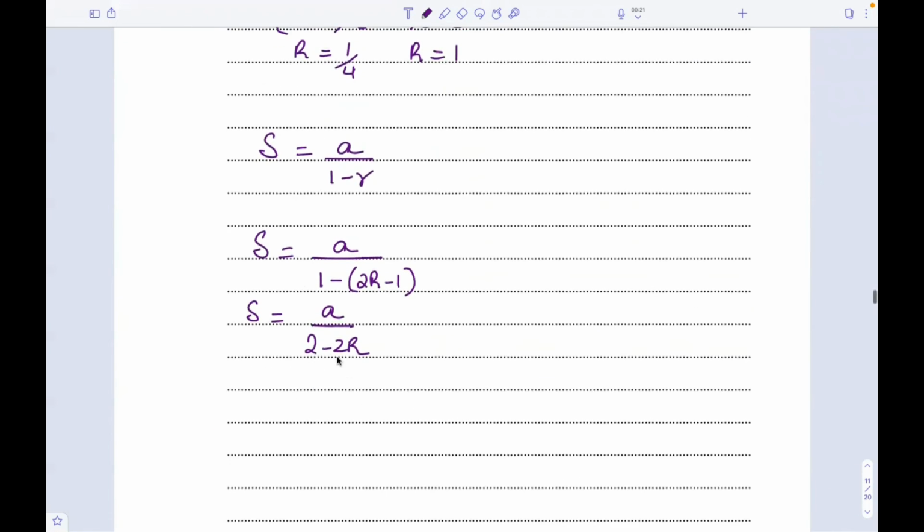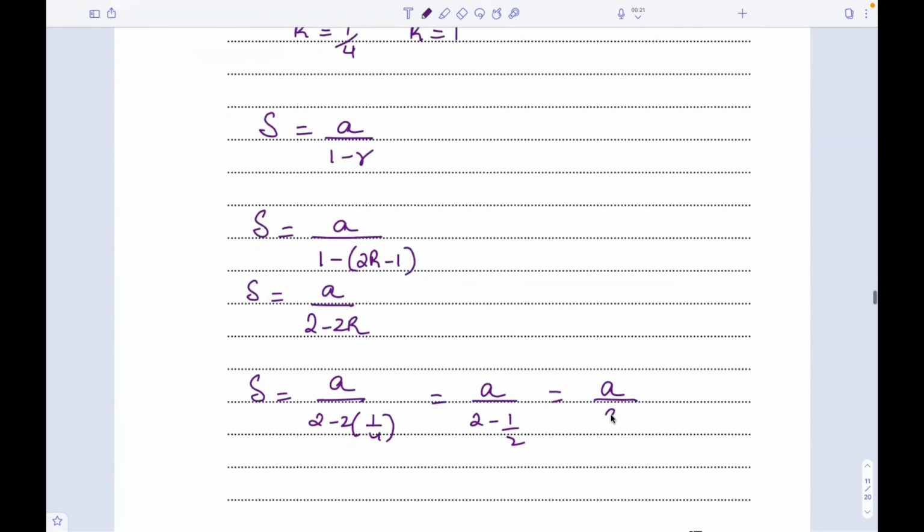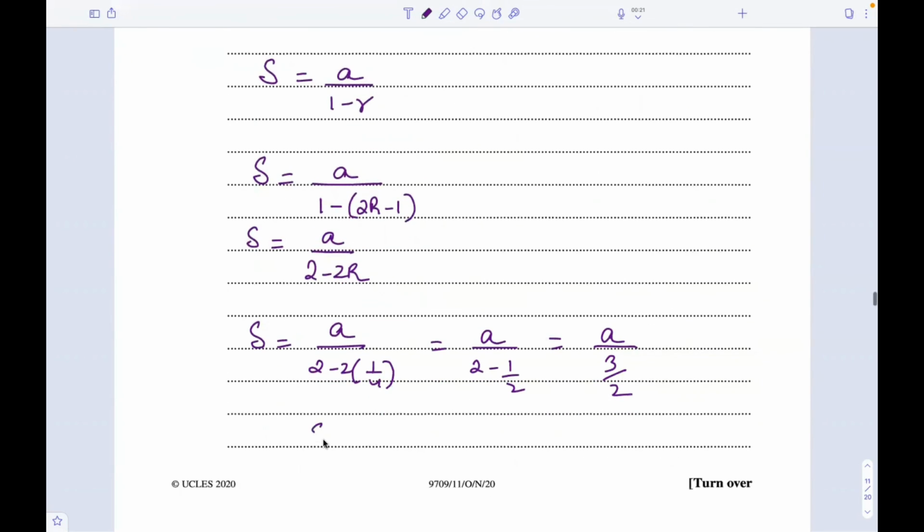Now the value of capital R is 1 upon 4, so we write A upon 2 minus 2 into 1 upon 4. So we get A upon 2 minus 1 upon 2. 2 minus 1 upon 2 is 3 upon 2. So this can be written as S is equal to 2 upon 3 A.